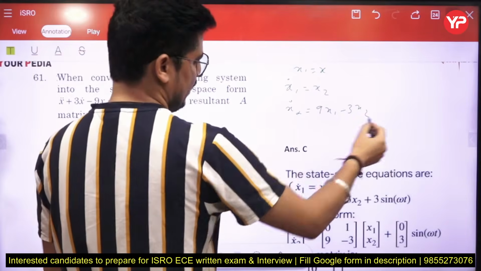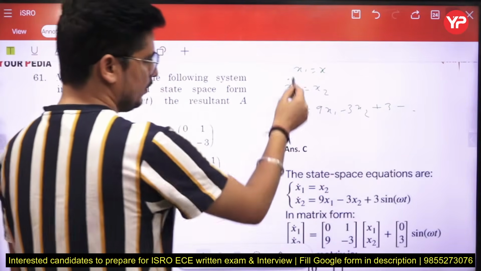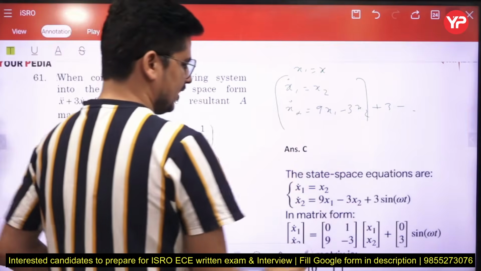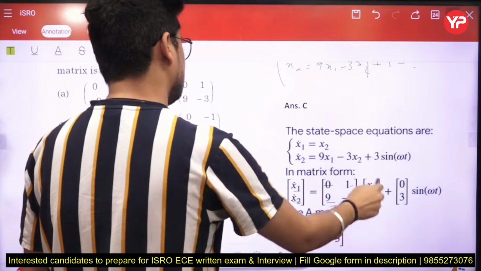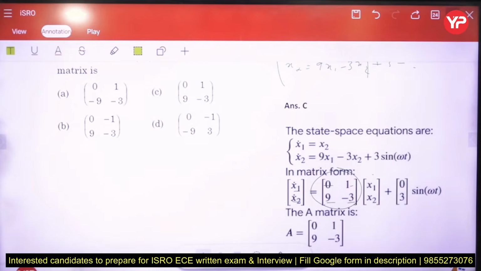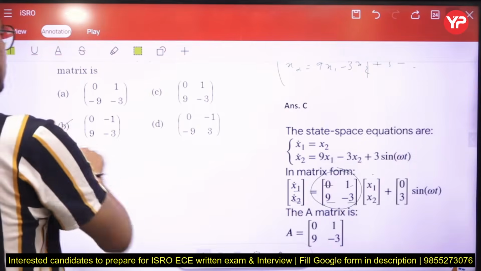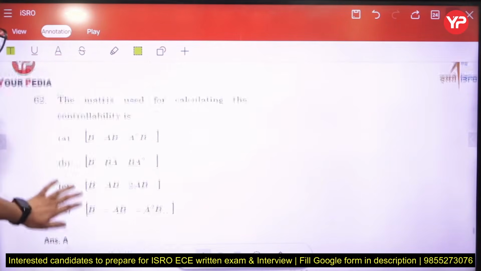X, right? x2 plus 3 sine of omega t, and then when you convert this in the form of a matrix, that will be x1 dash x2 dash, that is 0 1 9 minus 3 times x1 x2. So this will be your A value. So A is going to be 0 1 9 minus 3. The answer will be B. Sorry, not B, C: 0 1 9 minus 3.